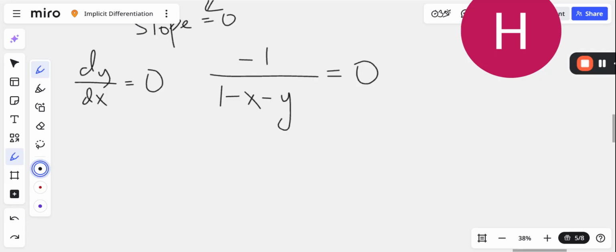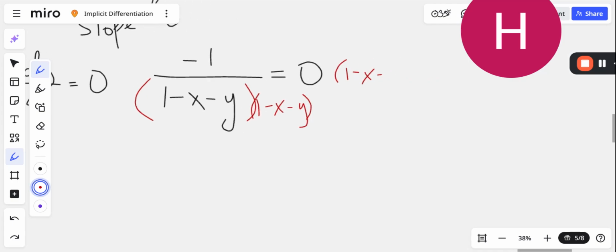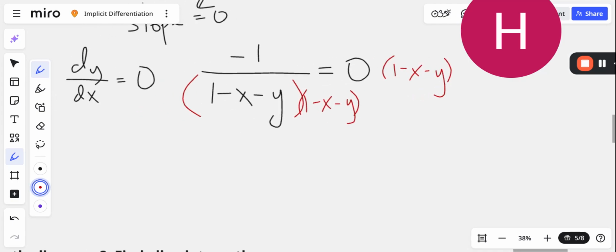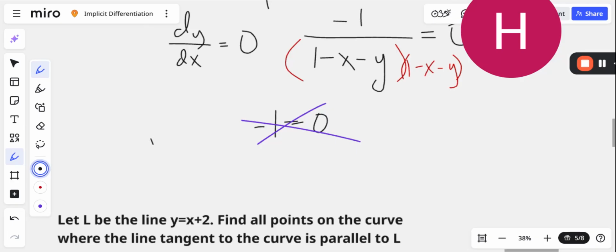For example, if I were to multiply both sides by 1 minus x minus y, and also the 0, this would say negative 1 equals 0, which is obviously not true. So our conclusion is the curve is never horizontal.